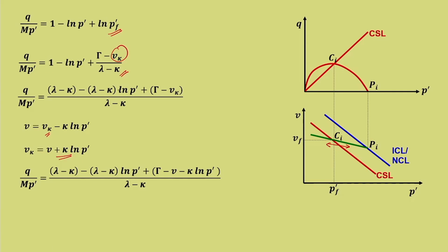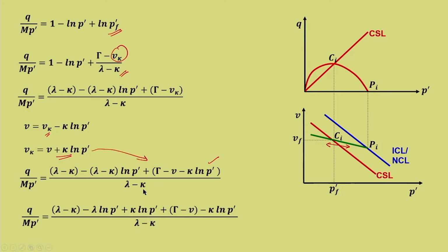So when you substitute it, the first and the second term remain same, gamma minus V, that is given, minus kappa ln p dash. So we are substituting this to here. Then if you expand it, we can write lambda minus kappa minus lambda ln p dash, this one, and then minus of minus will become plus kappa ln p dash plus gamma minus specific volume V minus kappa ln p dash.